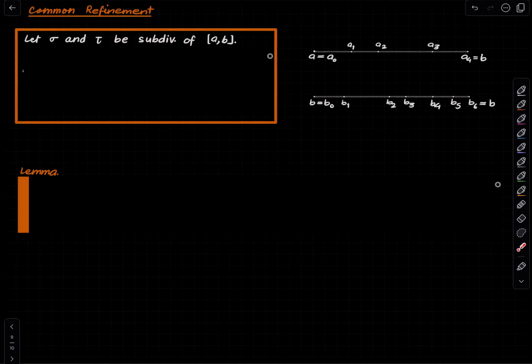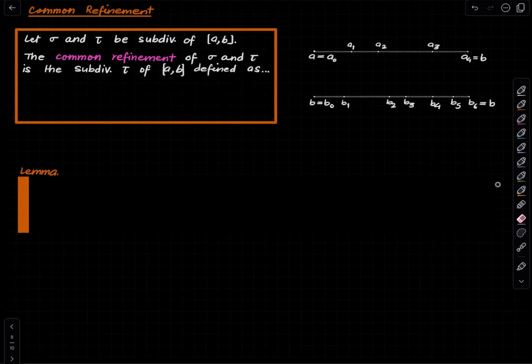So now, common refinement. Fix two subdivisions of a comma b. The common refinement of sigma and tau is defined as the subdivision sigma union tau.